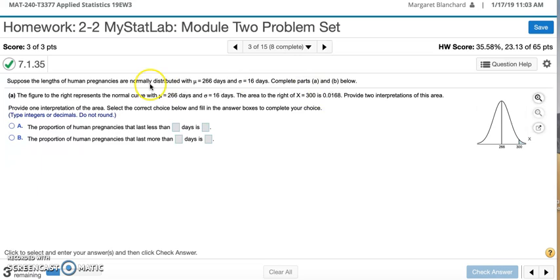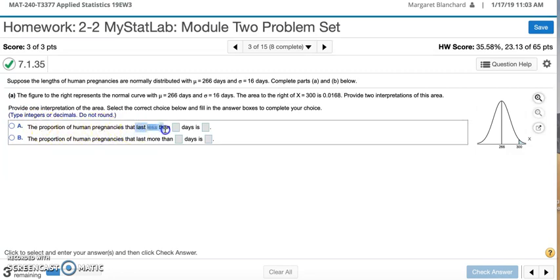So let's look at some interpretations. Provide one interpretation of the area. Select the correct choice below and fill in the answer boxes to complete your choice. Type integers or decimals, do not round. Again, easy because they gave us the numbers. Option A is the proportion of human pregnancies that last less than. We're not looking at less than because we're looking at this area over 300, so that already pretty much knocks out option A. The proportion of human pregnancies that last more than blank number of days is blank.